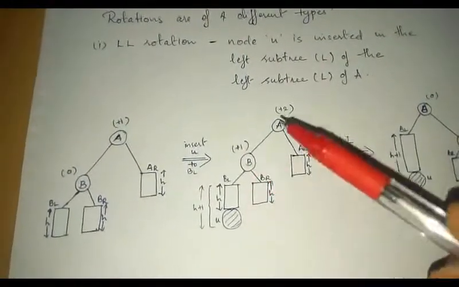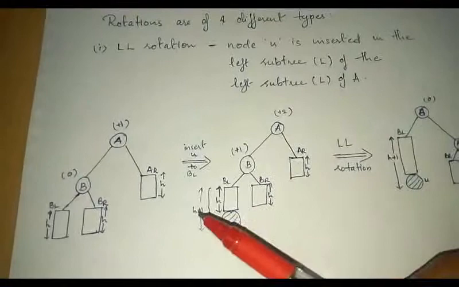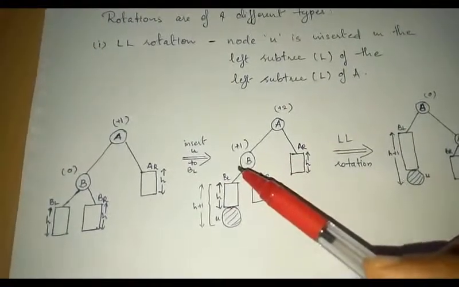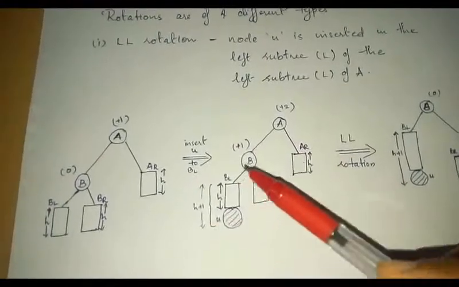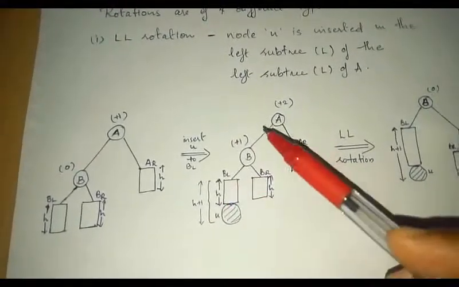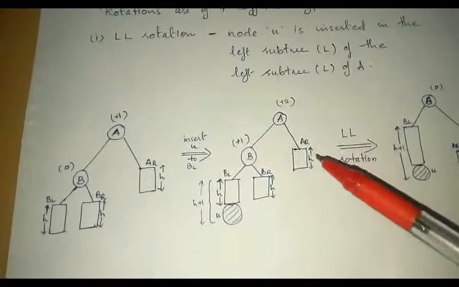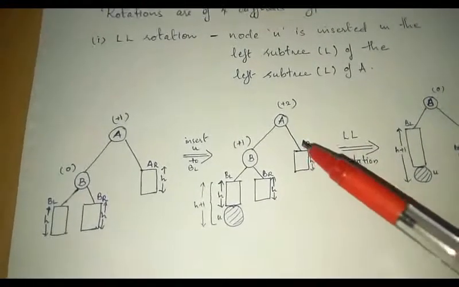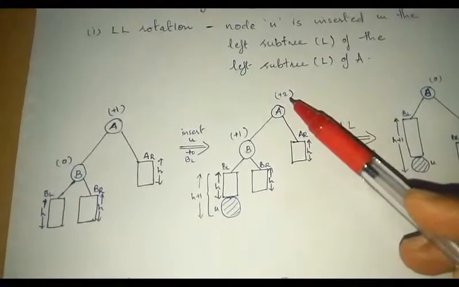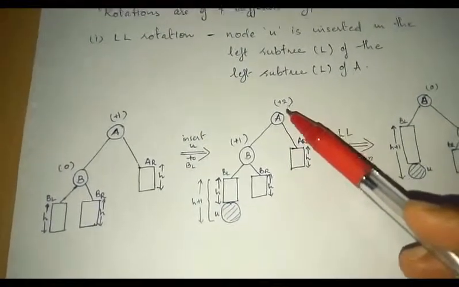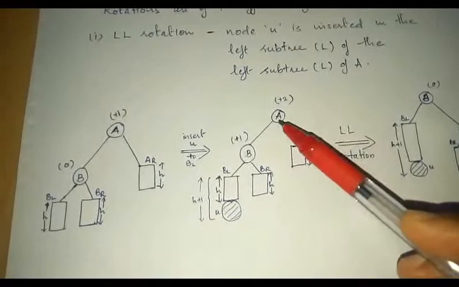And the balancing factor of A becomes, till here it is H plus 1 and we have one more H here. That is, the height of the left side of A has become H plus 2 and the height of the right side of A is H. That means H plus 2 minus H, which will give us 2.